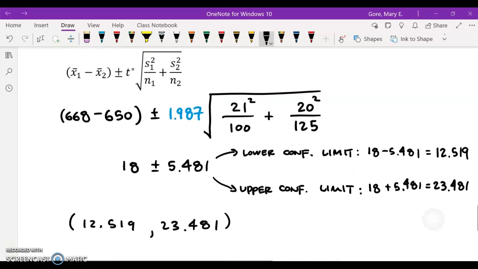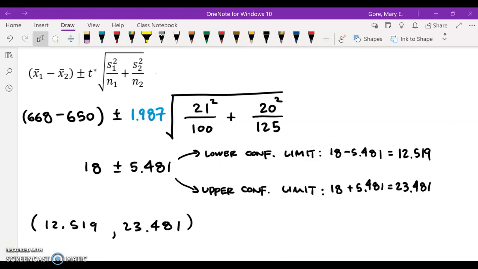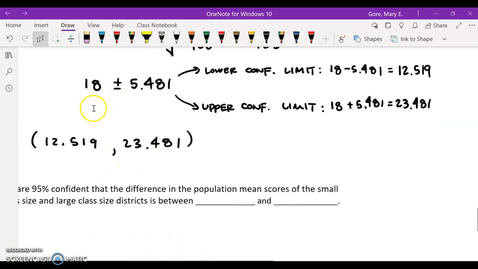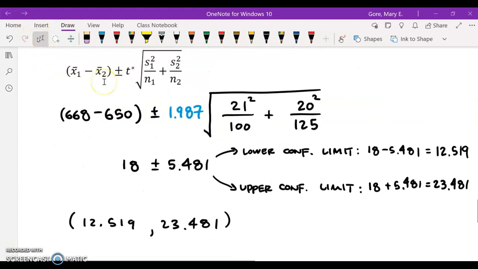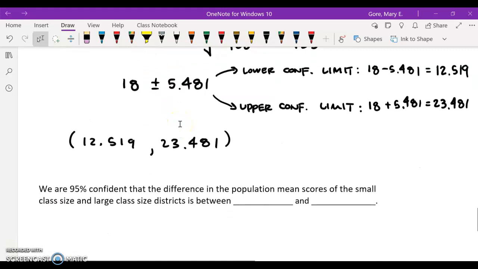It looks a lot worse than it actually is. Once you see the formula, you probably get a little nervous and think, oh my, this is going to be a tricky one to do. But quite honestly, once you start putting numbers in, most of which are provided, and simplify slowly, you can come up with a confidence interval. I went ahead and typed this out because of my poor handwriting.